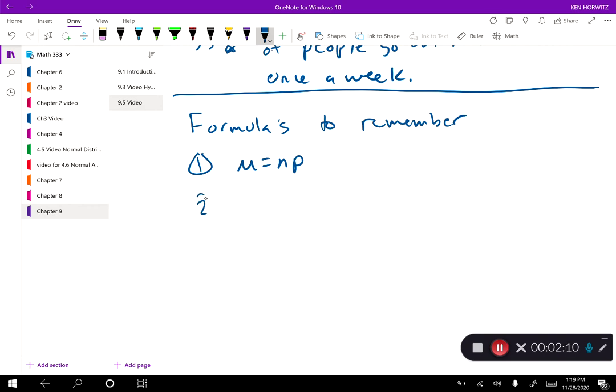The second is that our standard deviation for the population is the square root of n times p times q. For our sample, it's the square root of pq over n.